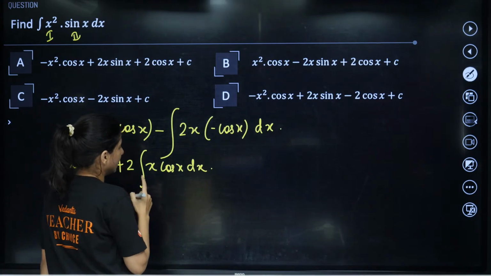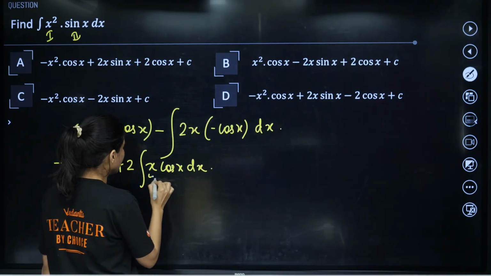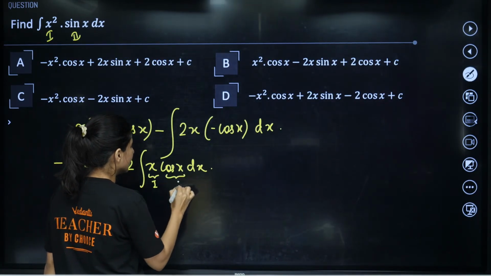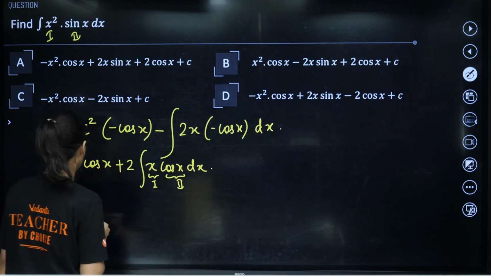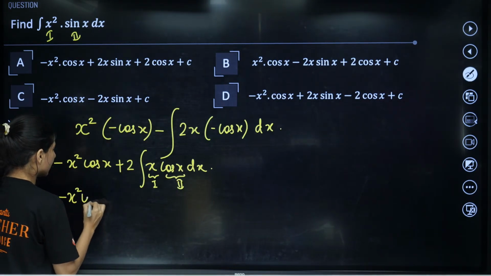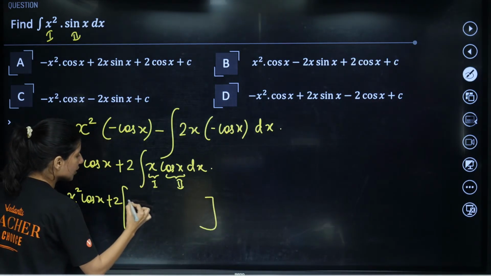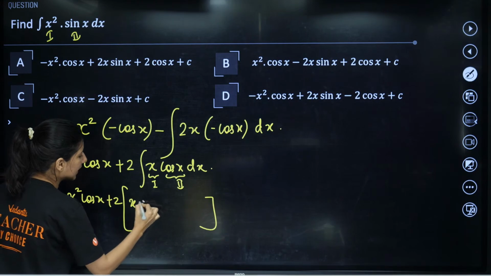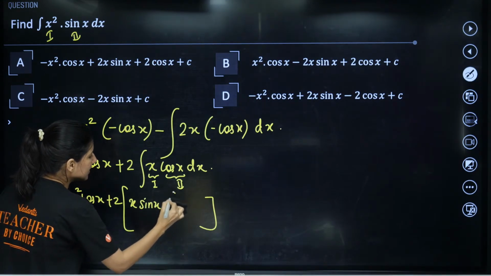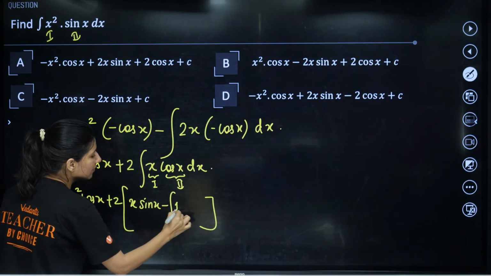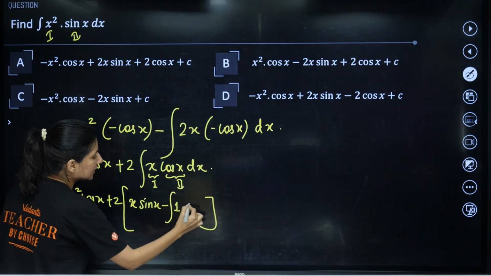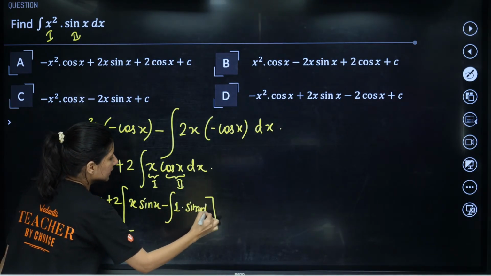So now this will be your first and obviously this will be your second. Algebra and then trigonometry. So minus x square cos x plus twice: first function constant, integral of second is sin x, minus integral of derivative of first, which is 1, and integral of second, sin x dx.